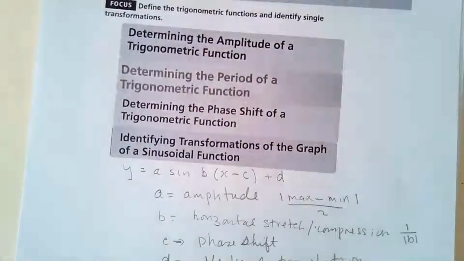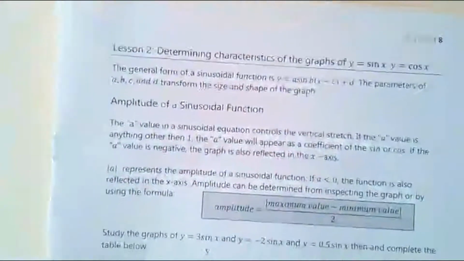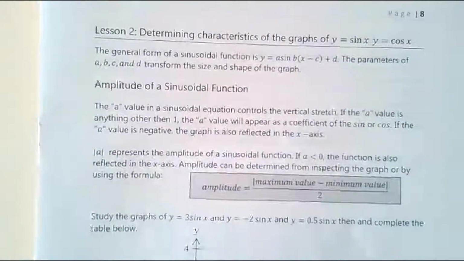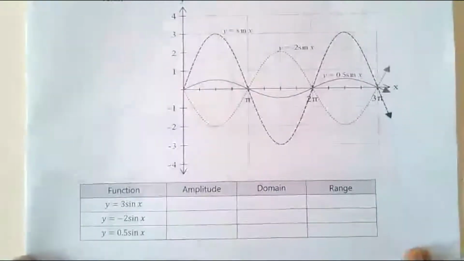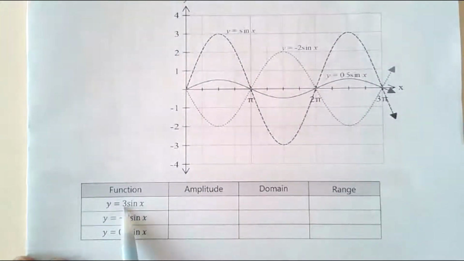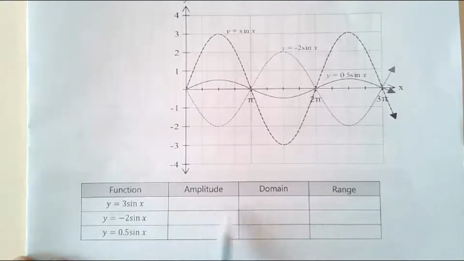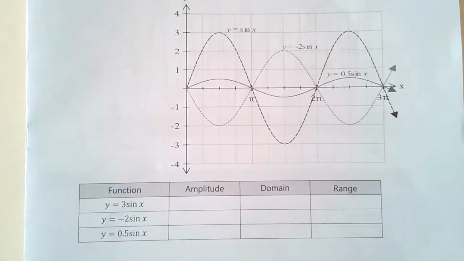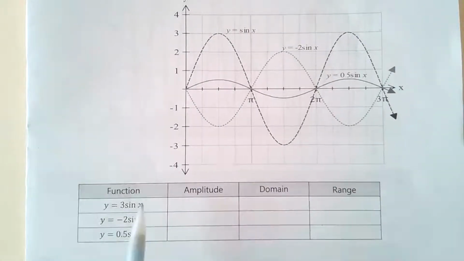At this point, if you look at your booklet, you would like to complete lesson 2. Here you've got the amplitude, domain, and range. So remember, the domain, if there's no restriction, would be all the real numbers. And the range, look at your amplitude.